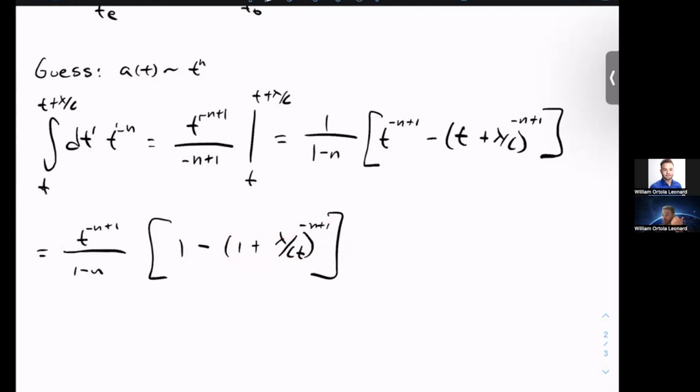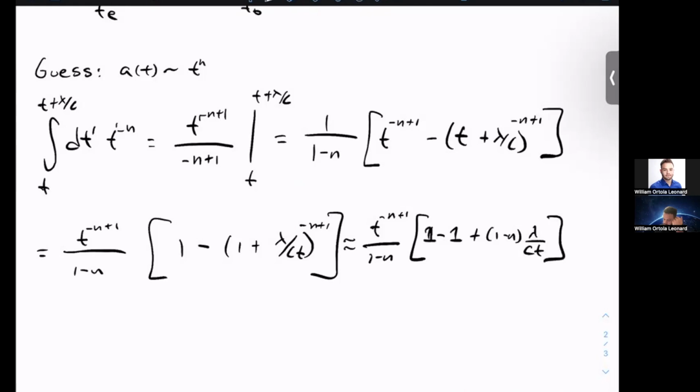And so what we are going to end up finding is basically the following. This is now going to be an approximation, but this is going to be t to the minus n plus 1 divided by 1 minus n, and then in parentheses, 1 minus 1 plus 1 minus n times lambda over c times t.